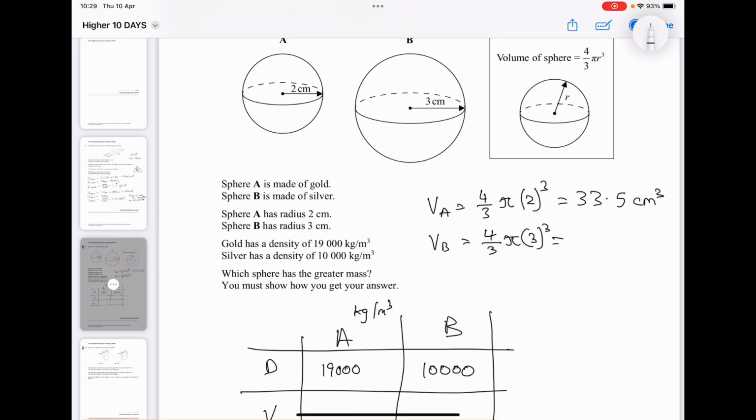We're just going to change the 2 to a 3, which is 113.09.